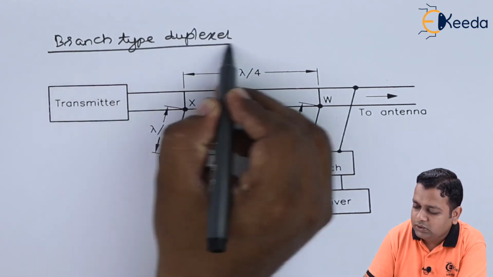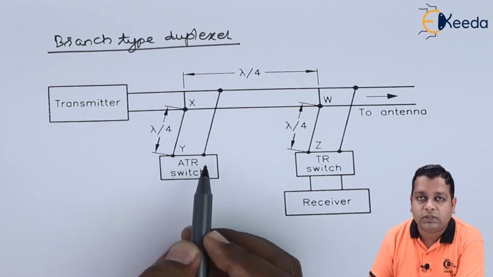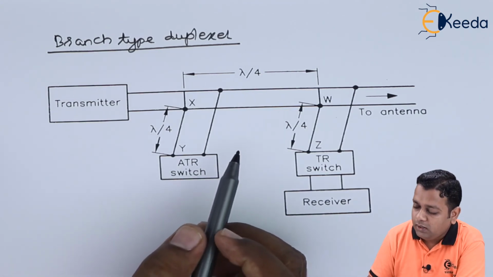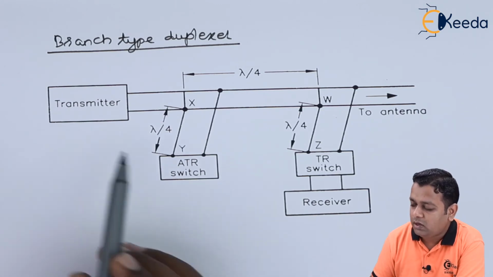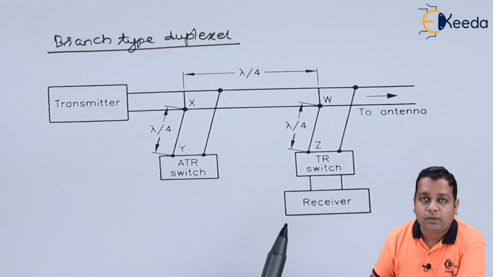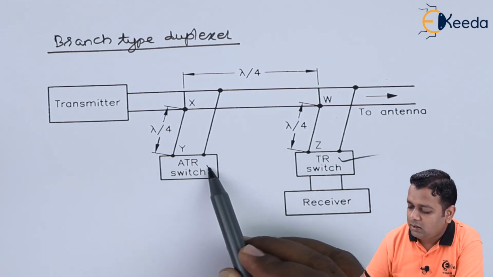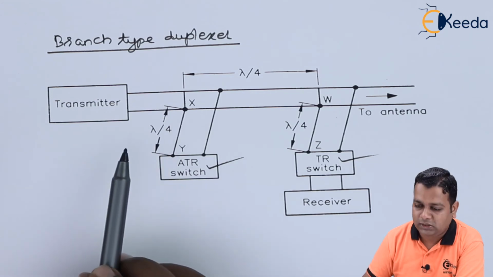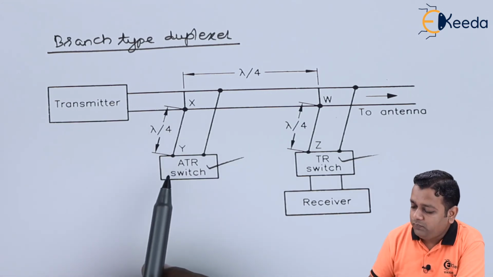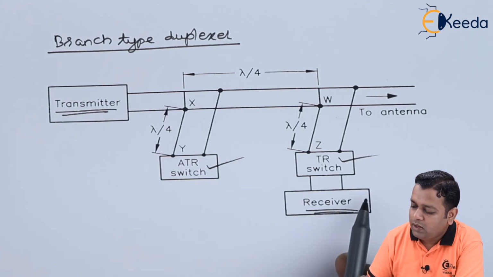For the branch type duplexer, the operation can be explained with the help of the schematic diagram, where the connections with respect to the transmitter and the receiver are made by use of the TR switch and the ATR switch, which get connected in an alternate fashion. Here we see the transmitter section and the receiver section.